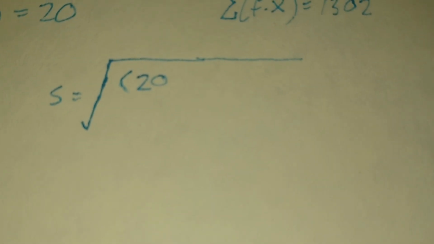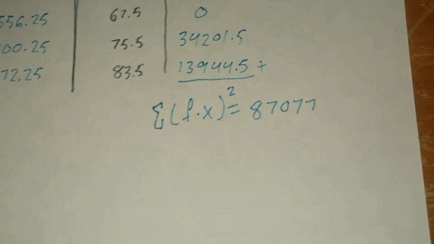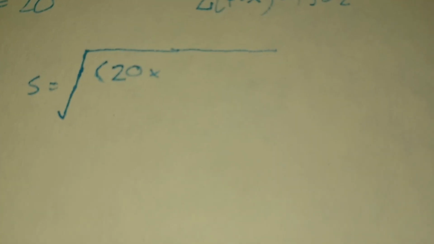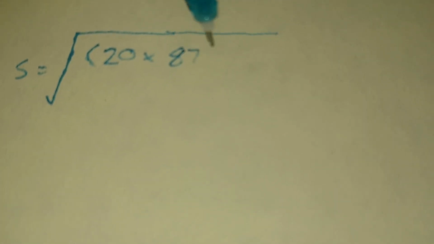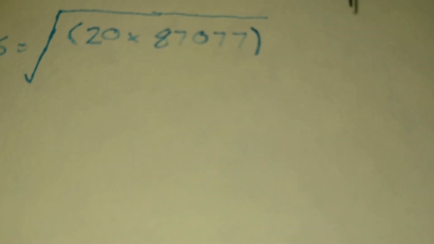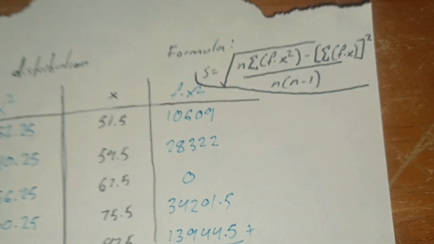Remember, n is 20, times the sum of f times x squared, which we got right here, 87,077, minus the sum of f times x, and you square all of that.